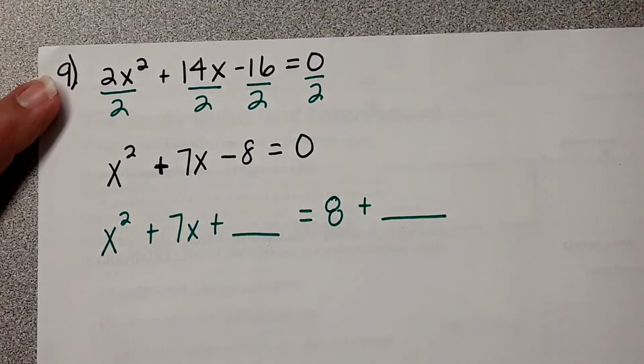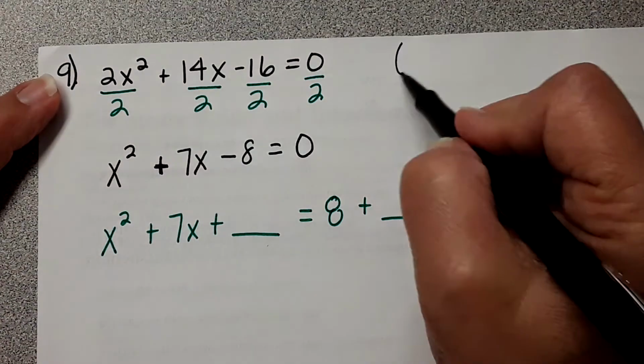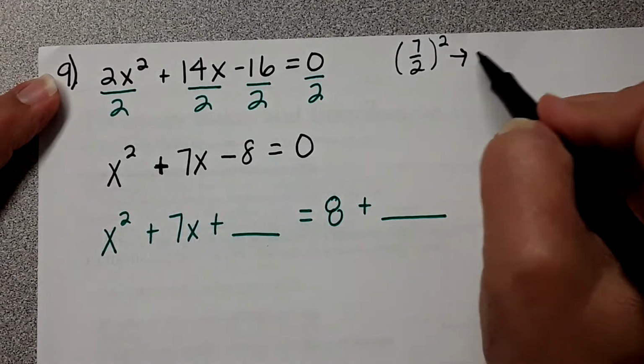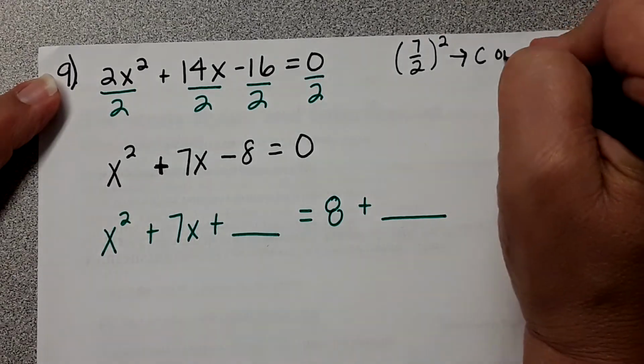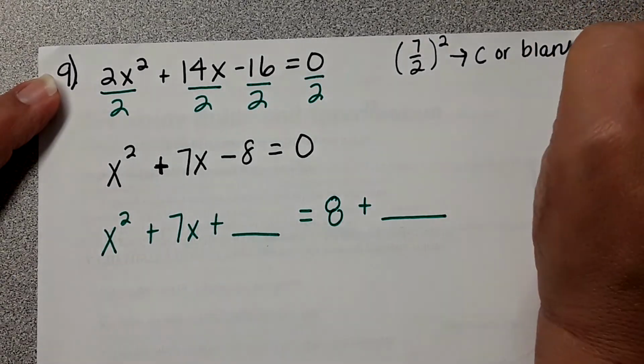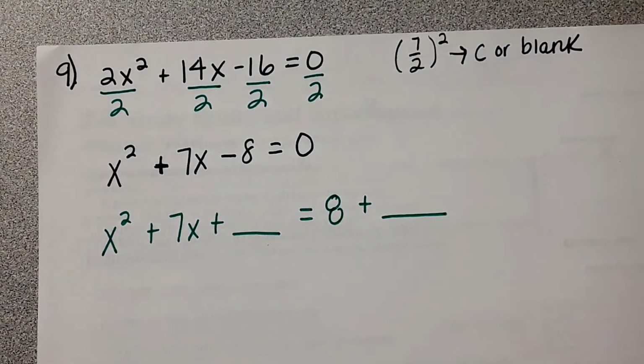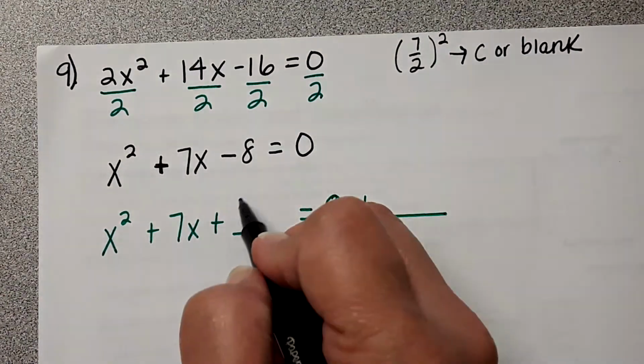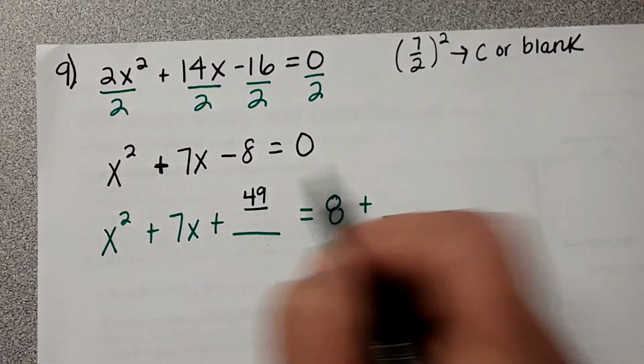Now what I need to do is take half of 7 and square it, and that becomes my C or my blank. Okay, it's both of them really. So 7 squared is, what is 7 squared? And what is 2 squared?